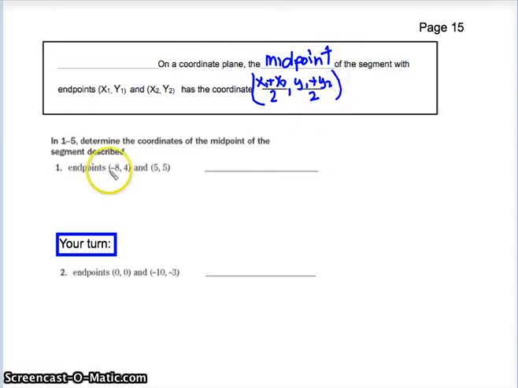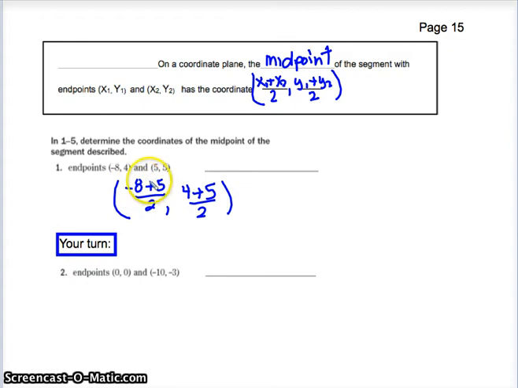When you look at an example, I've got endpoints negative 8, 4 and 5, 5. So I'm going to go ahead and add my x coordinates. That's negative 8 plus 5 over 2, and then I've got 4 plus 5 over 2.